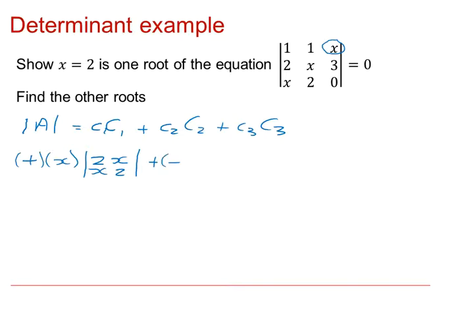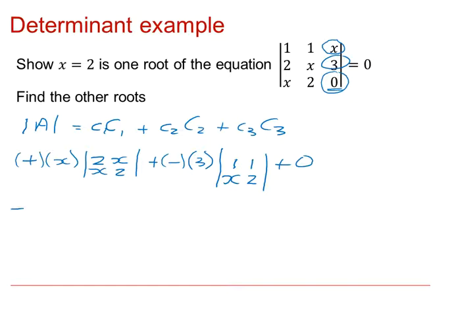I'm going to have then my negative sign and 3, and my remaining matrix of 1, 1, x and 2. And then I'm going to have my plus 0, which was one of the reasons that I chose that column, because it saved me some work.